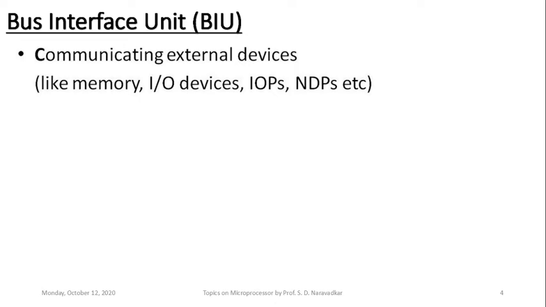Like memory device, IO device, then IO processors, IOPs, numeric data processor, that is NDP, etc. It is quite obvious that BIU is the only unit which has external buses.